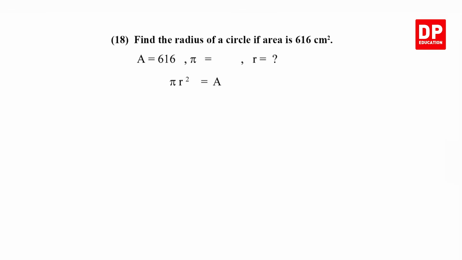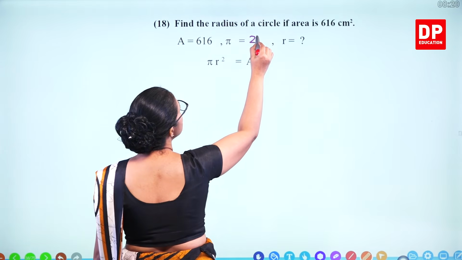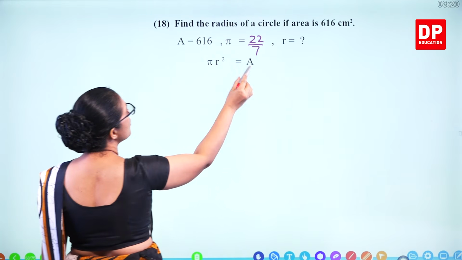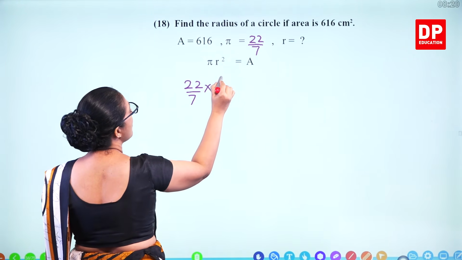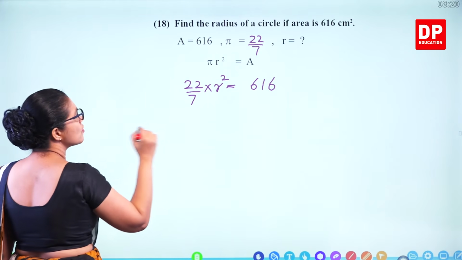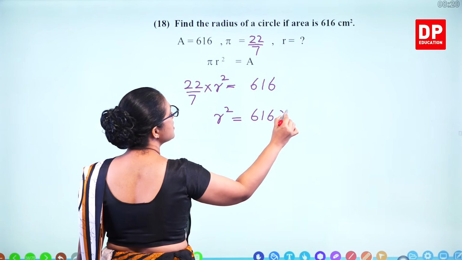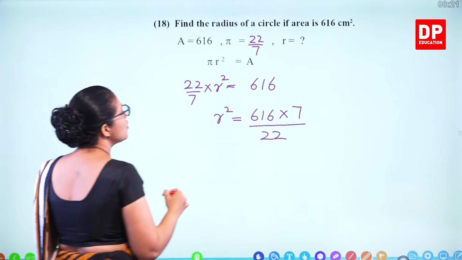Find the radius of a circle if area is 616. So we'll take pi as 22 over 7. So pi r squared is 22 over 7 into r squared is 616. So what is r squared? 616 multiplied by 7 divide by 22.